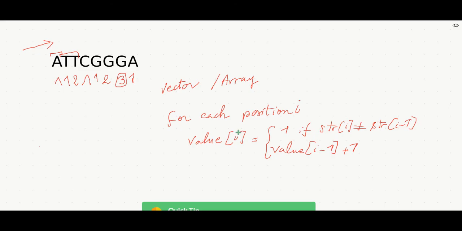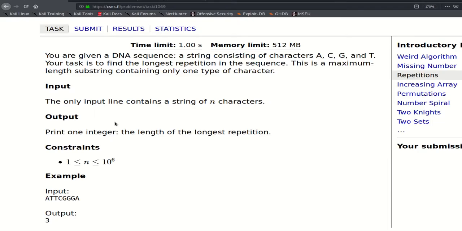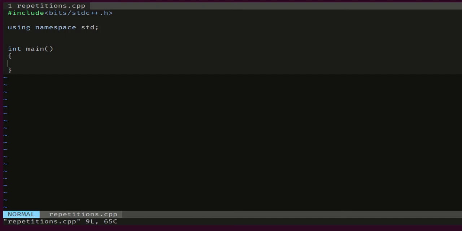So let's go ahead and code this problem. So let's get started. We will be given a string, so let's call it str, so string str. Let's scan it.